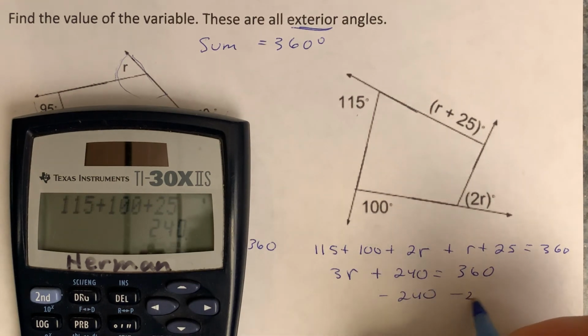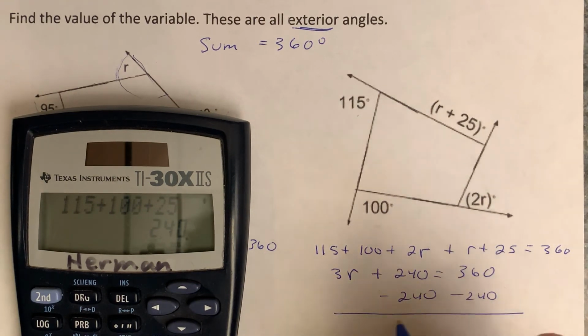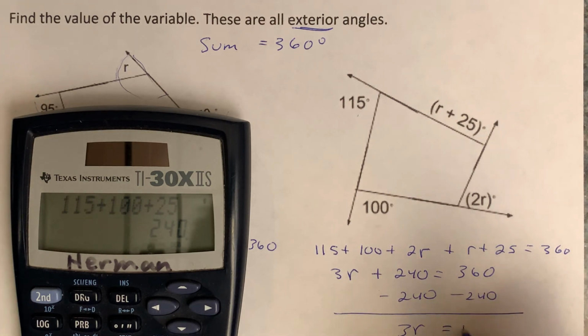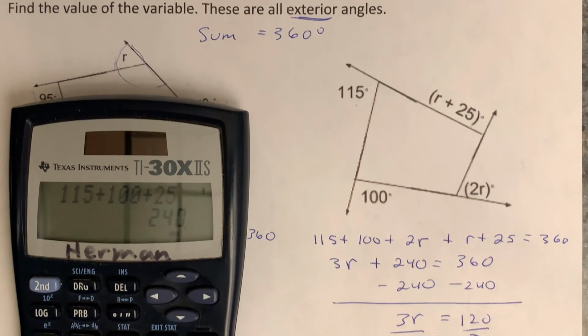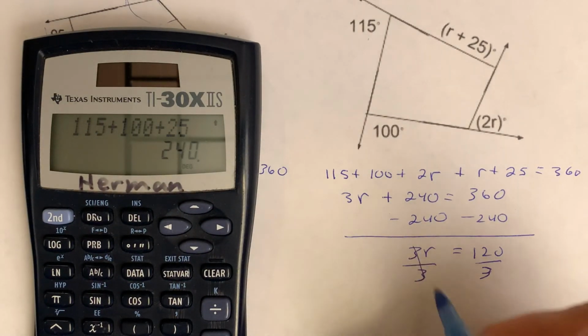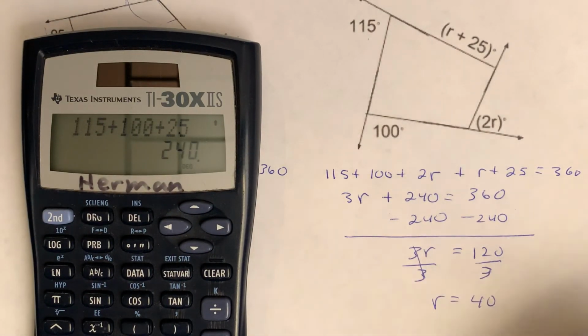Go ahead and subtract 240 from both sides. Bring down the 3R. That's going to be 120. Divide by 3. Oops, my 3 really is bad. Move that up a little bit so you can see it. There we go. And then R is equal to 40.